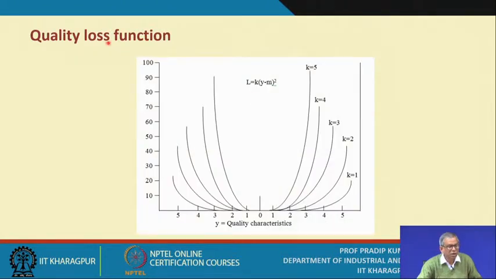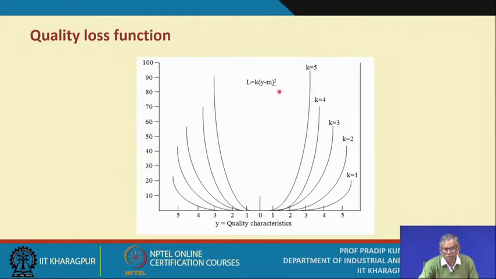Now, how are the values of the quality loss function related to the value of k? As you find, if the value of k increases, say from k equals 1 to k equals 5, what could be the shape of the curve?